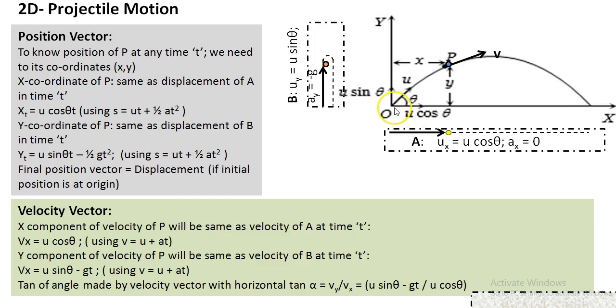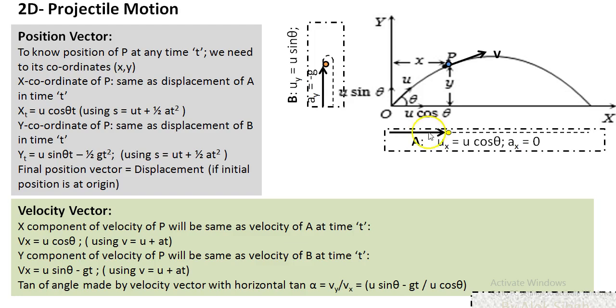Since initial position is at the origin, displacement will be equal to the position vector at time t. So what would be the x coordinate of particle A in time t? X coordinate of particle A at time t will be equal to displacement of A in time t.